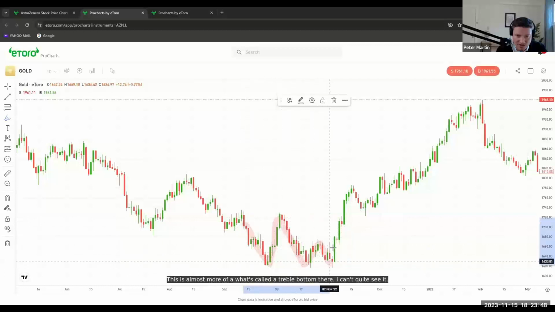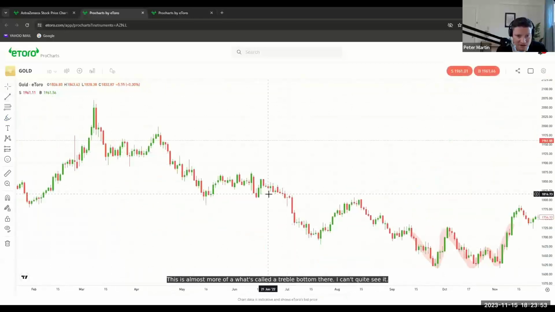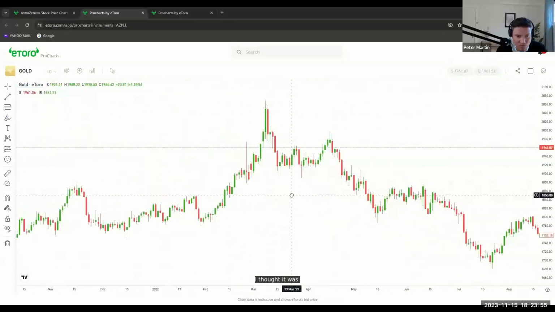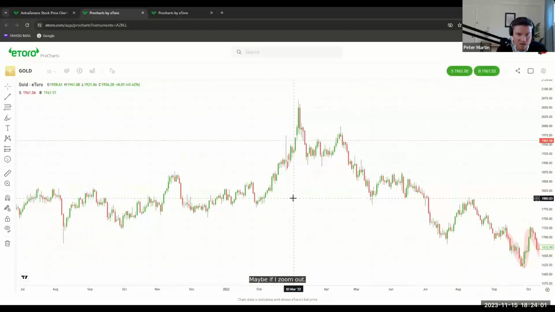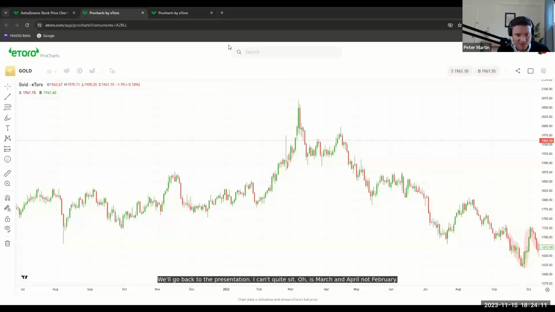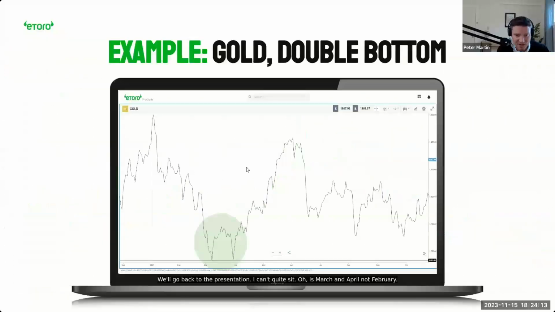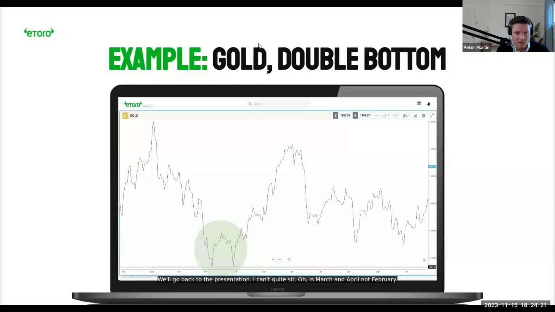This is almost more of what's called a treble bottom there. I can't quite see it. I thought it was maybe if I zoom out. We'll go back to the presentation. I can't quite see. Oh, it was March and April, not February. Okay, but let's move on and go to the rectangle.